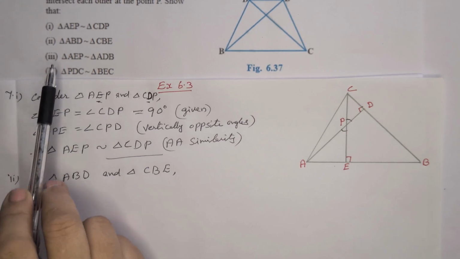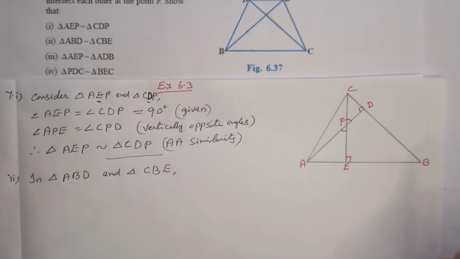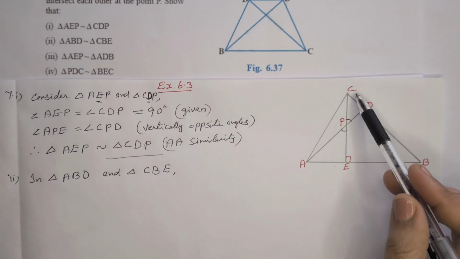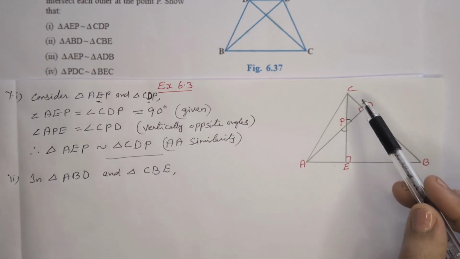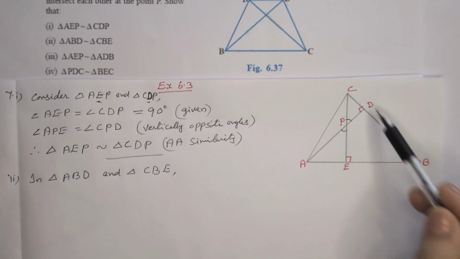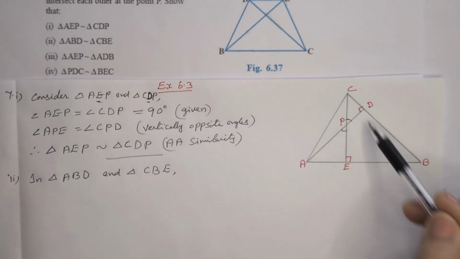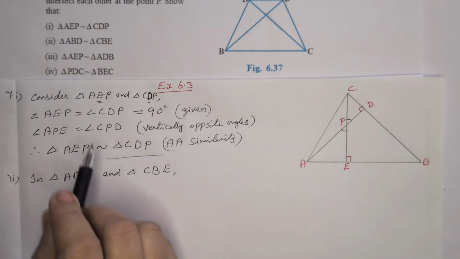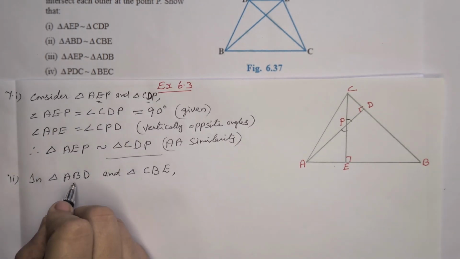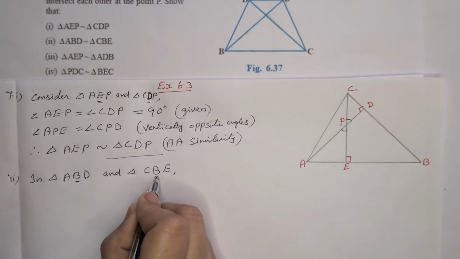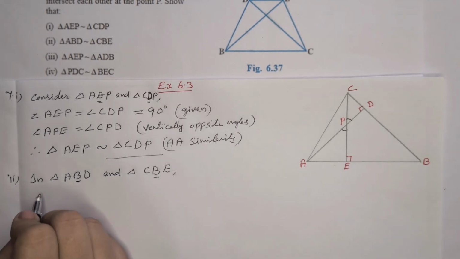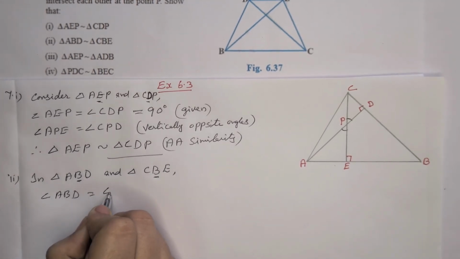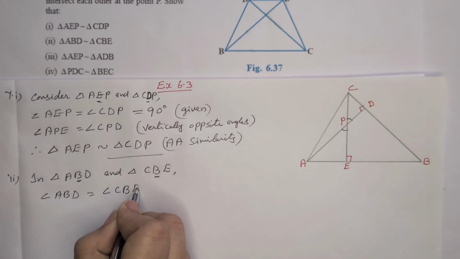Second part of the question, show that triangle ABD is similar to triangle CBE, these two. So try the same way. In triangles ABD and CBE, we can see angle B is common in both the triangles. So we can write angle ABD is equal to angle CBE, common angle.